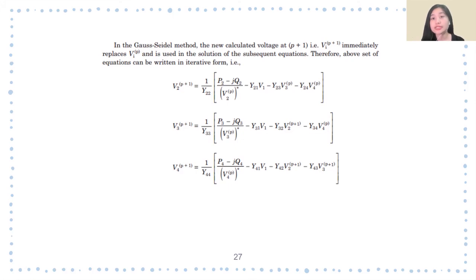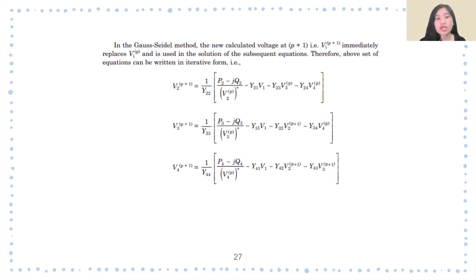So as you can see here, therefore the above set of equations can be written in iterative form. So yung equations natin kanina na pinakita, we are just going to create the same equation but now usable for iterative formation.